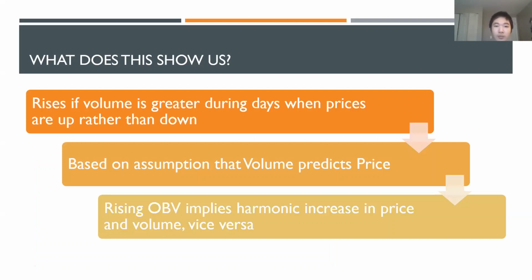And actually, the inventor of this indicator firmly believes in the assumption that volume precedes price, that there will be an action of volume first, then price will follow. With a rising unbalanced volume, it implies a simultaneous increase in price and volume, and vice versa. If there's a decreasing unbalanced volume, then there's a simultaneous decrease in price and volume.